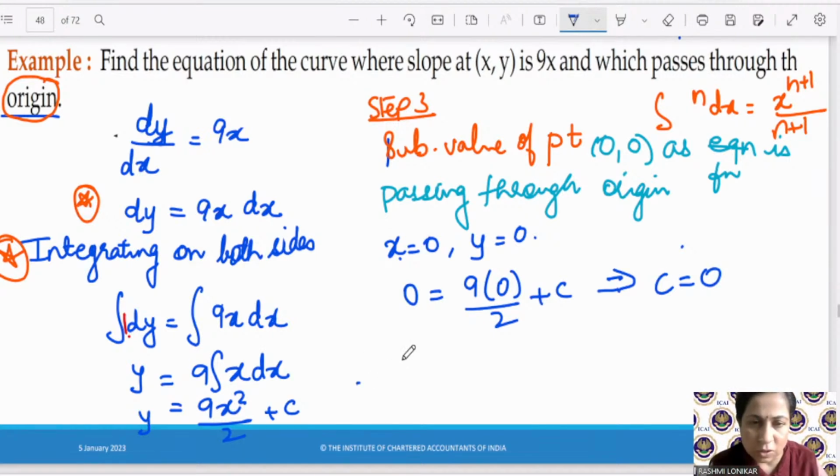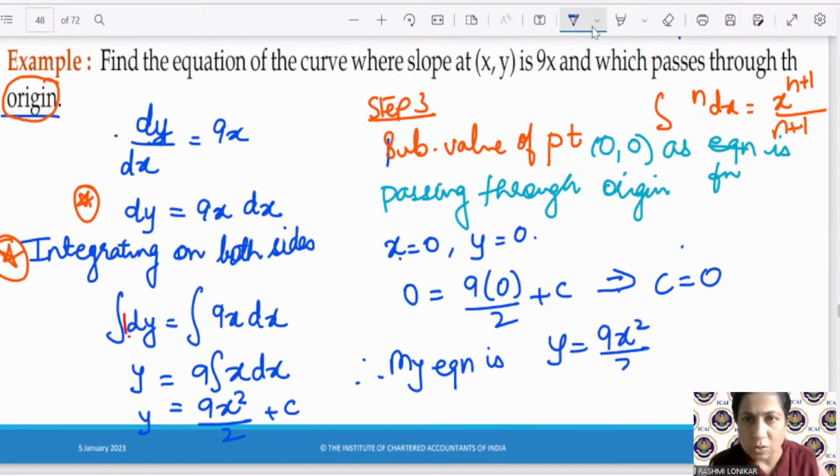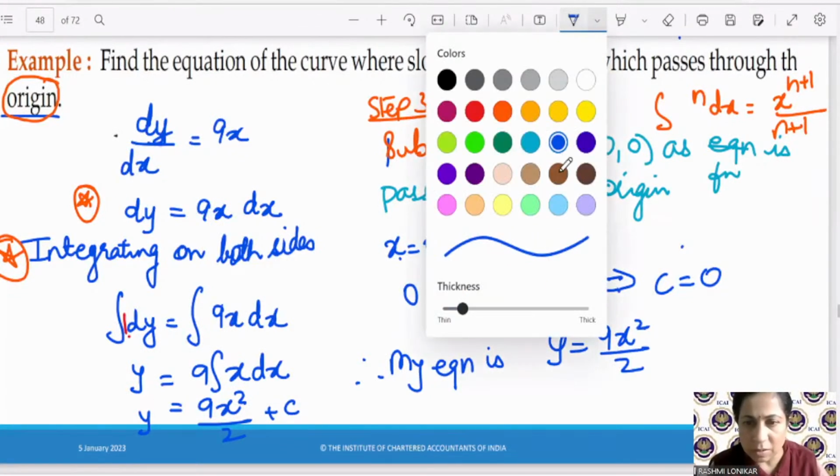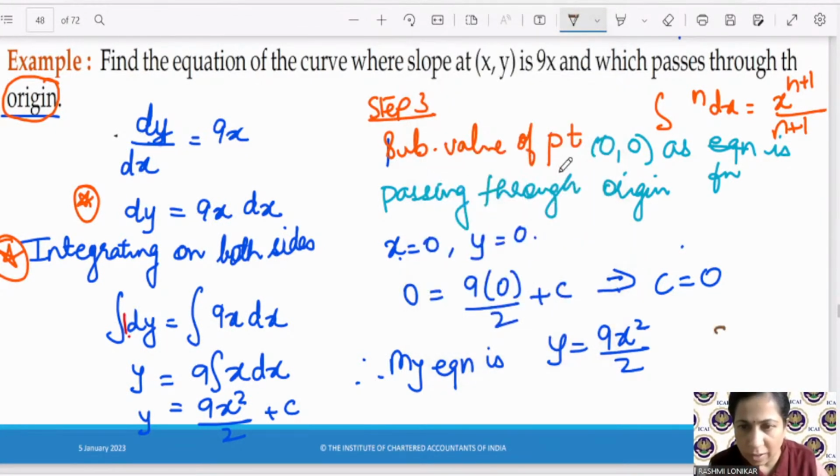Therefore, my equation is y is equal to 9x square upon 2. So my equation becomes 2y is equal to 9x square is the answer.